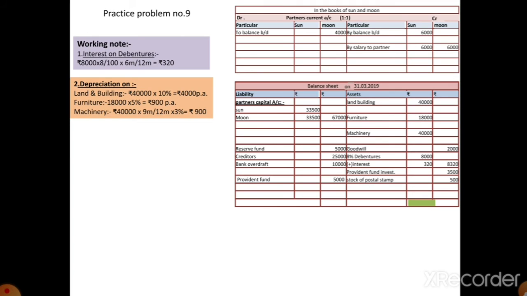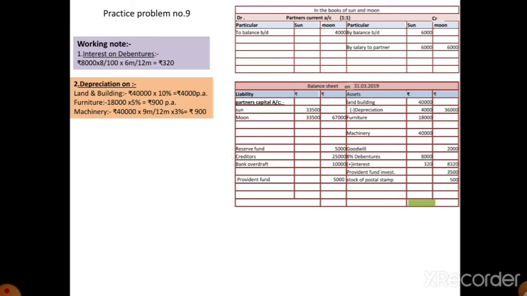We use that land and building for the full year, so our depreciation on land and building is 4,000, which we deduct from the land and building amount, and in the outer column we write the balancing amount, that is 36,000. Then furniture depreciation, again we show it on the asset side of the balance sheet, deducted from the furniture. How it is calculated, 18,000 into 5% is equal to rupees 900 per annum.